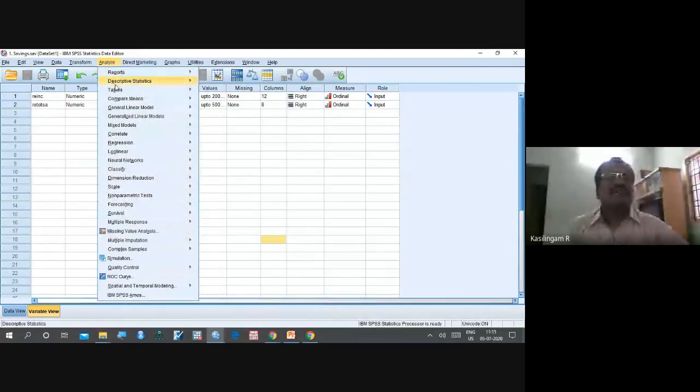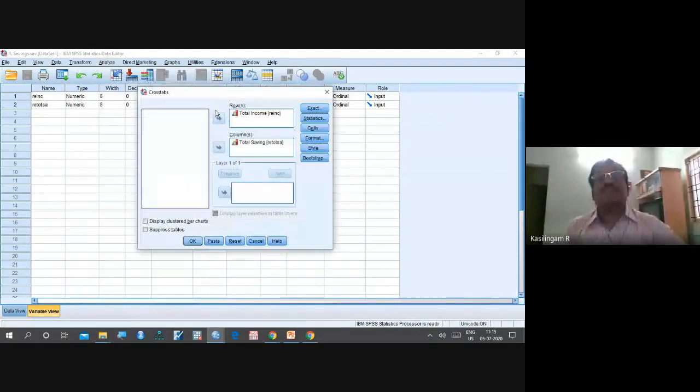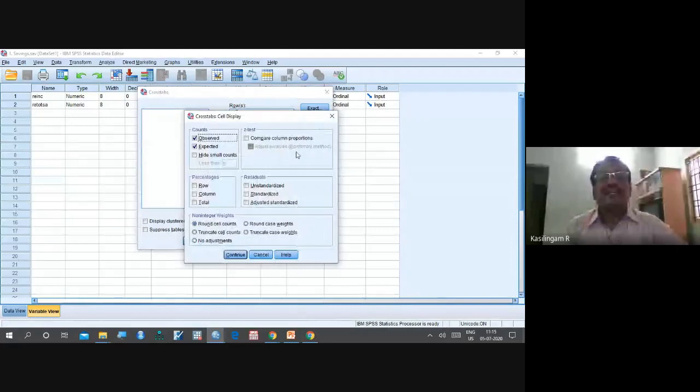Analyze, Descriptive Statistics, Crosstabs, Cells. Here I have each cell. In each cell, I want to have the column percentage. Let me click column percentage. I do not want the expected. Very good.